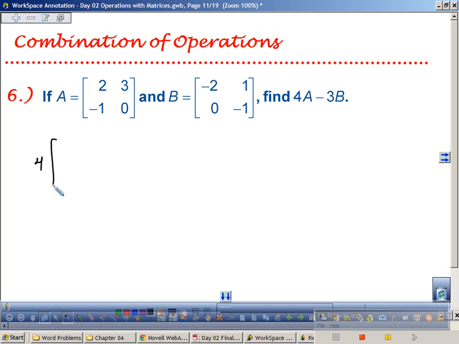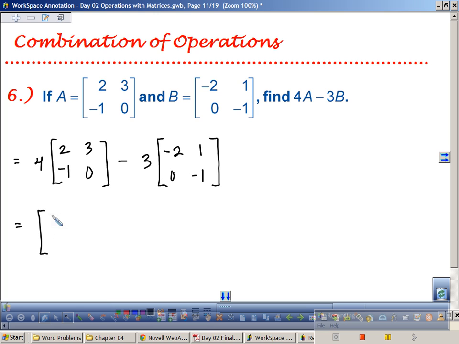So 4A would be 4, 2, negative 1, 3, 0, minus 3B, equals, I would do this one in steps.